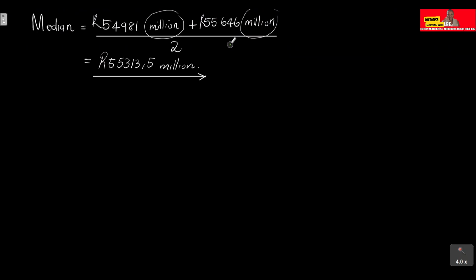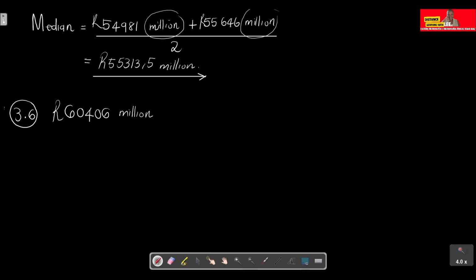This is question 3.6. We're going to look at the individual month, which is October. What were the total number of sales for October? It was 60406 million. And then we want the total with respect to the year 2018.